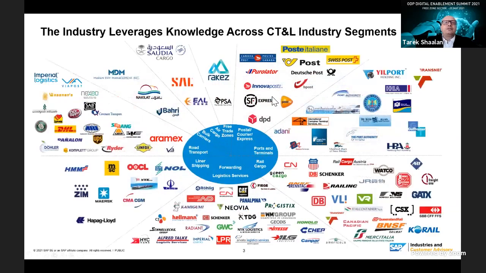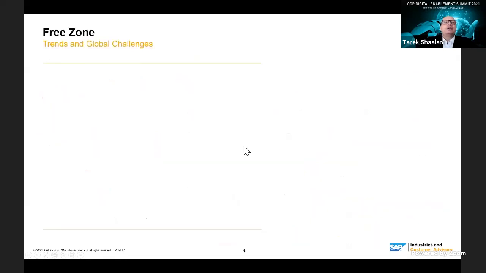Our customers span free zones, postal courier, ports and terminals, rail cargo, freight forwarding logistics, liner shipping, road transport, bulk carriers, and air cargo transporters, which all form part of the value chain acting within the free trade zone sectors.